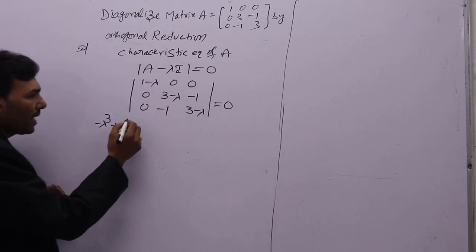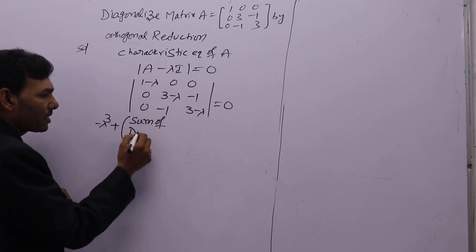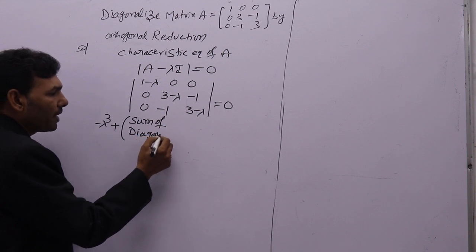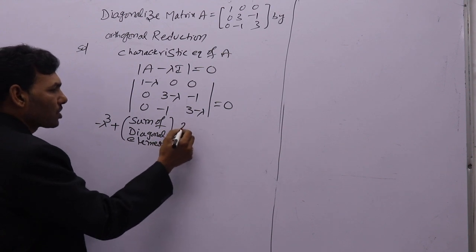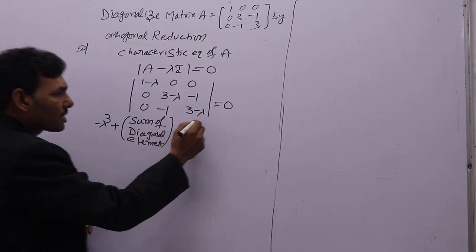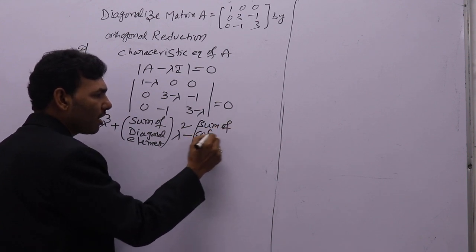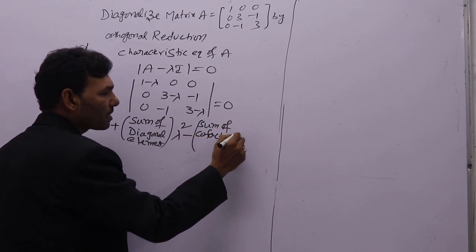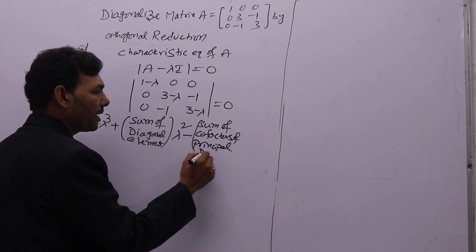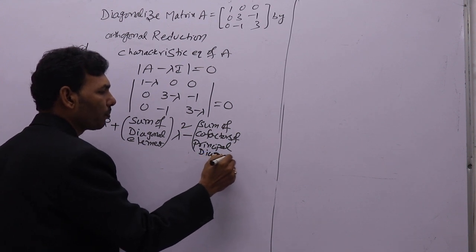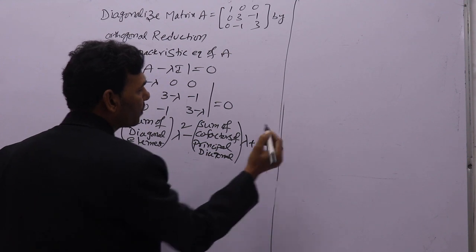That is minus lambda cube, plus sum of diagonal elements into lambda square, minus sum of minors of principal diagonal elements into lambda, plus det A equal to 0.